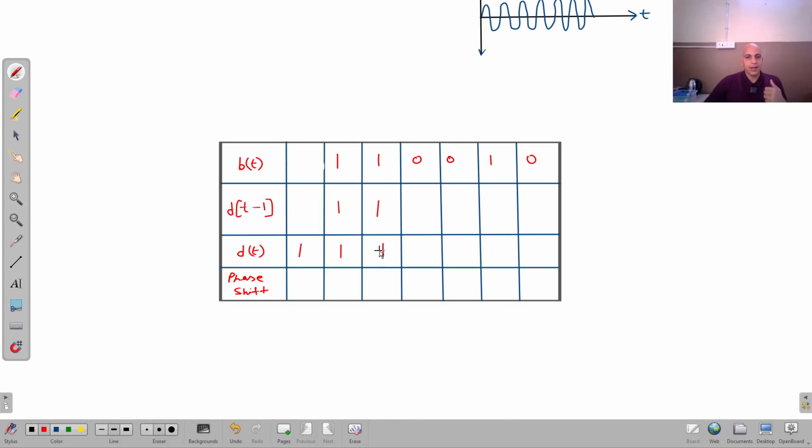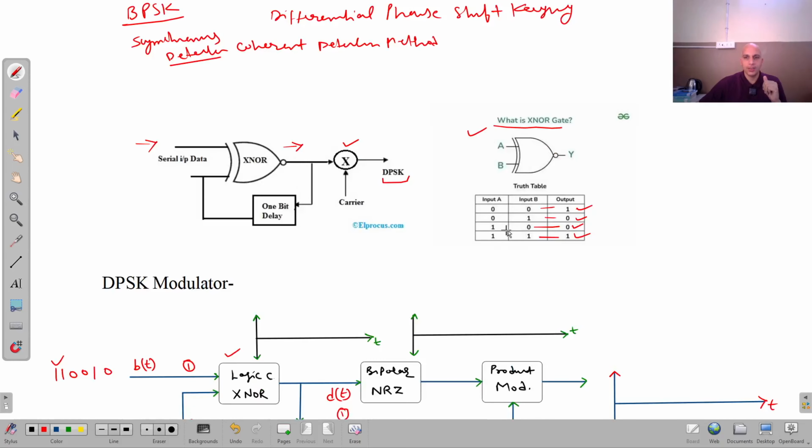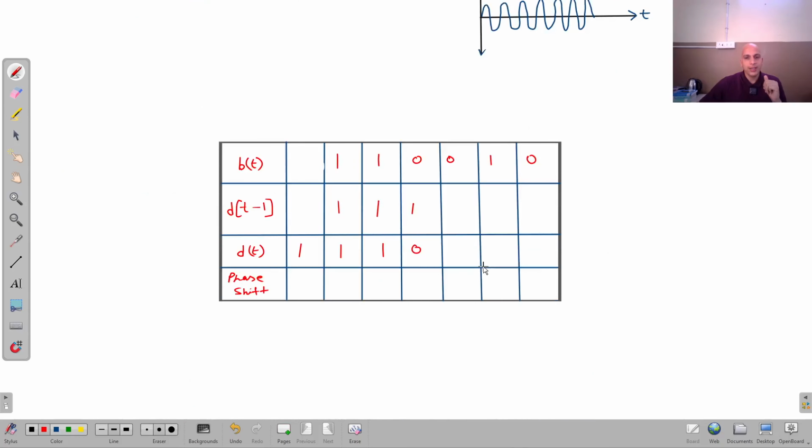Then again when I go to this position, for this bit, d(t minus 1) is 1. So 1 0 gives 0. You can see here XNOR of 1 0 is 0. In the same way you can proceed to the next bit.